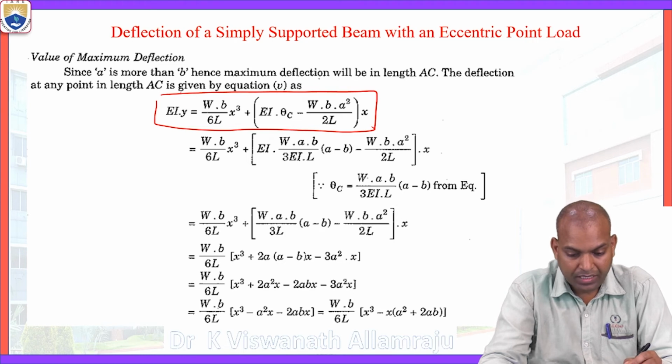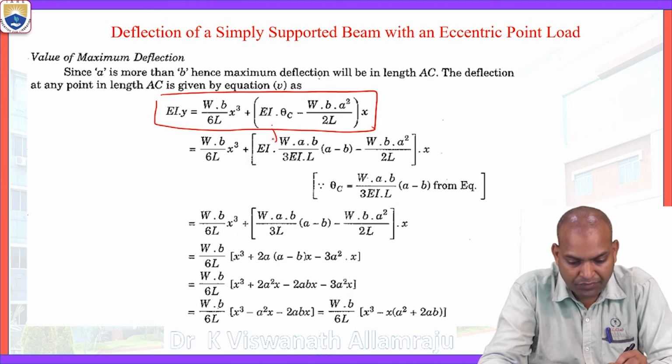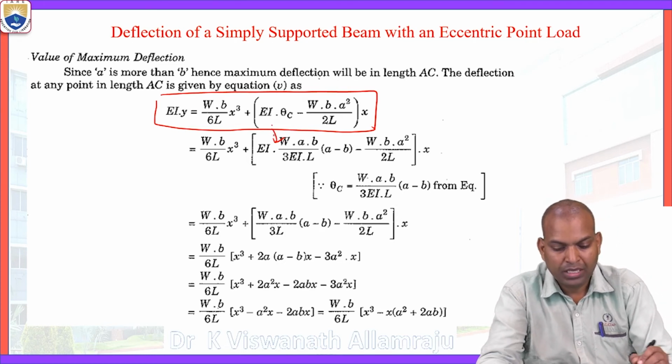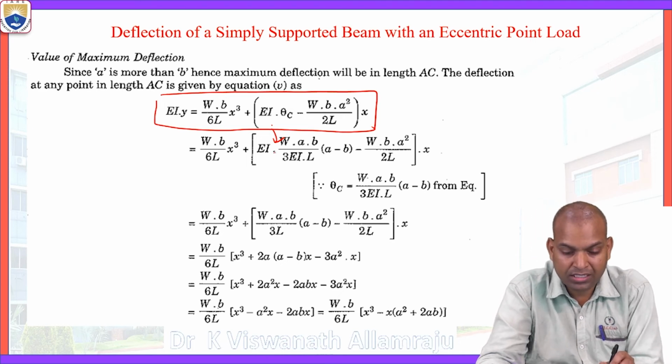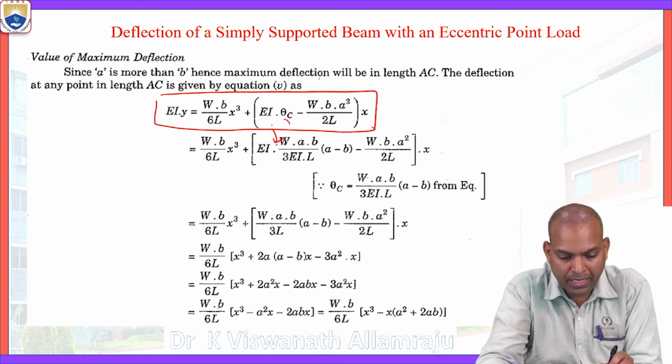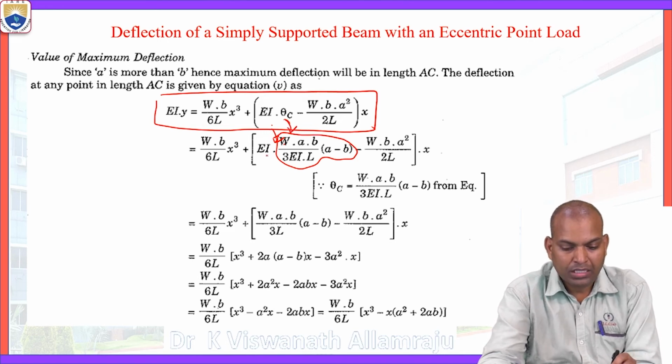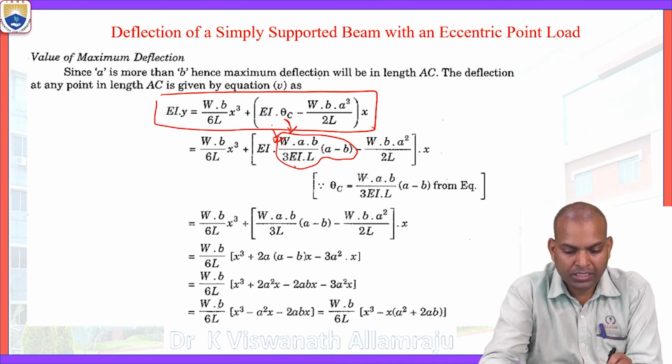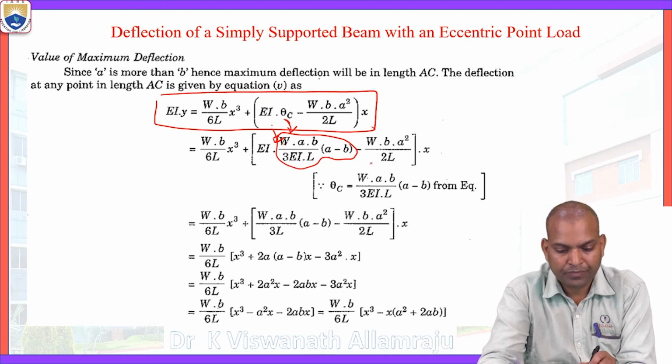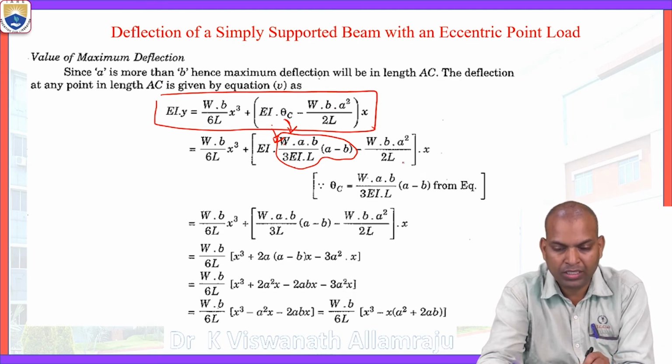And here, if you substitute theta C value and simplify, what is theta C here? WAB by 6EIL times (A minus B), minus WB A² by 2L.